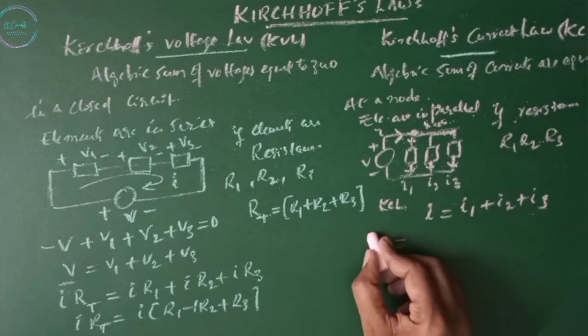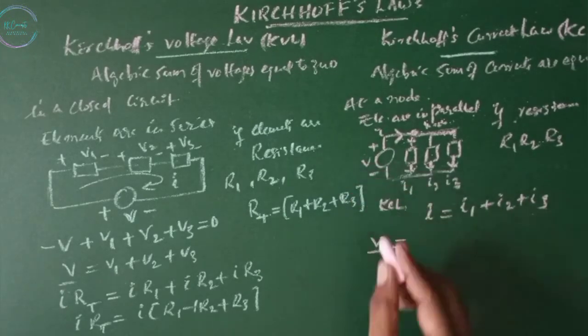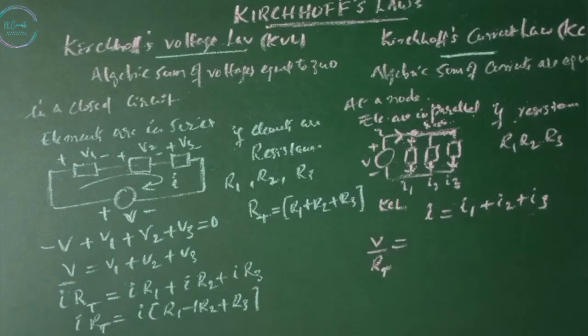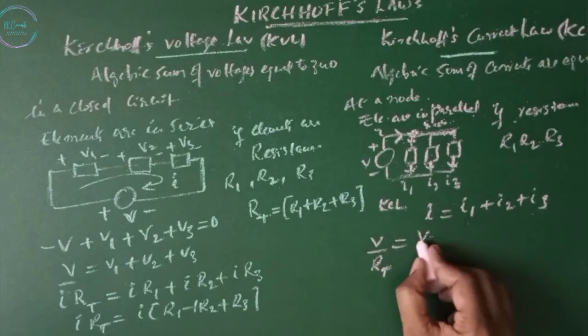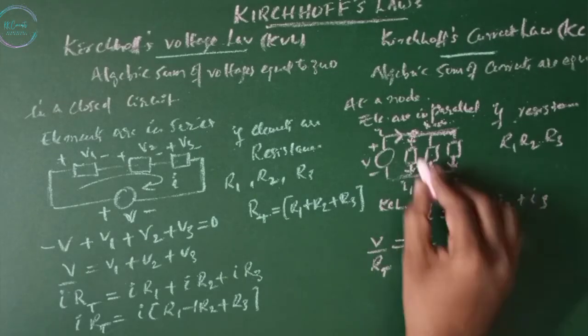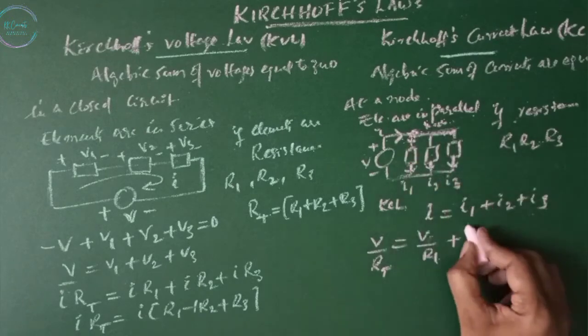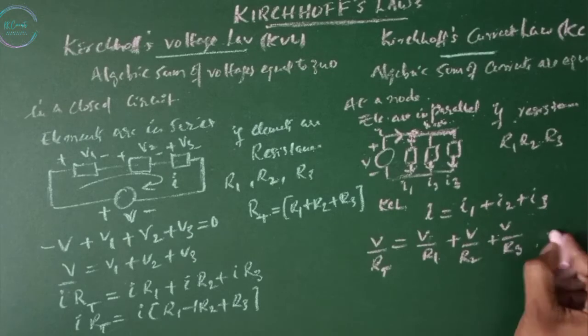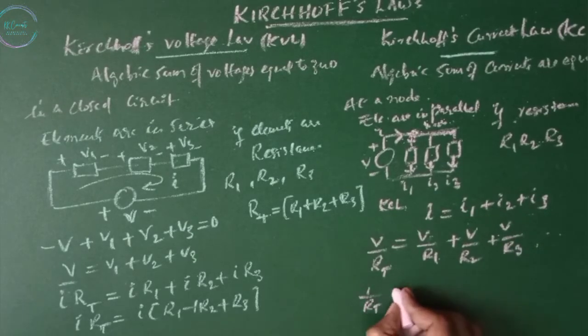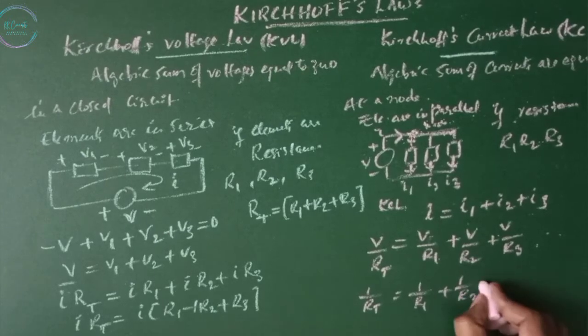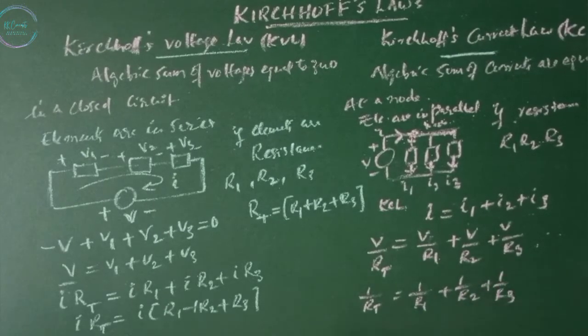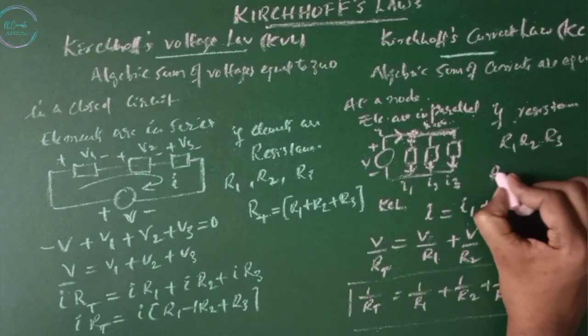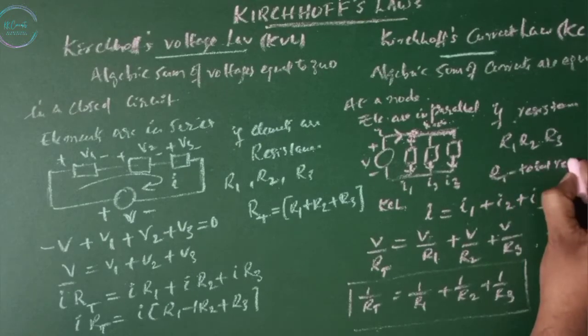I is nothing but V, the total voltage, divided by the total resistance. I1 is given by V by R1, at this node also the voltage is V, so V by R2 plus V by R3 and so on. So 1 by RT equals 1 by R1 plus 1 by R2 plus 1 by R3. RT is the total resistance.